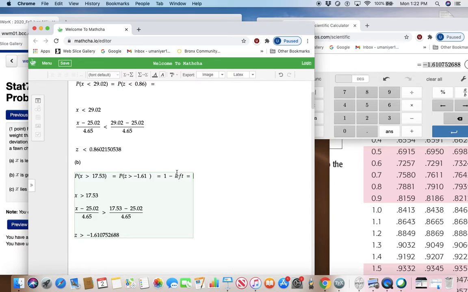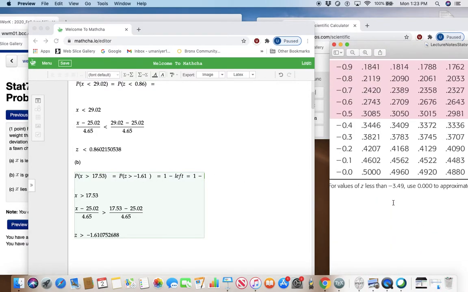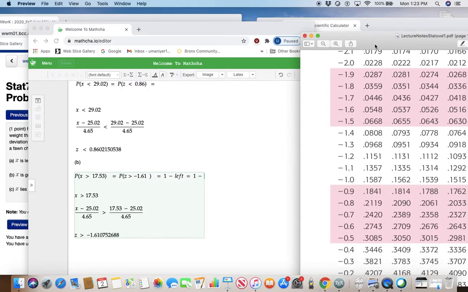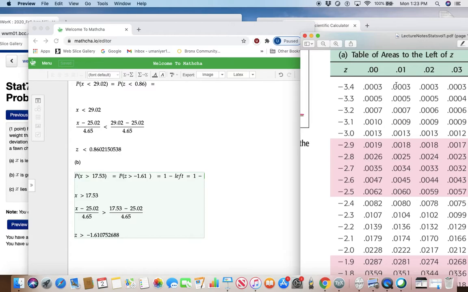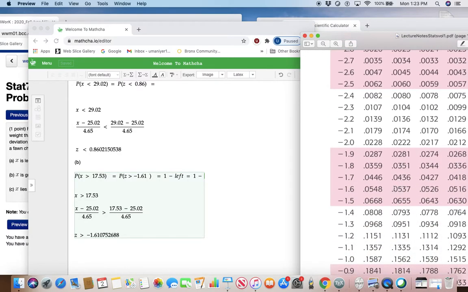Why do I do this? Because for left area I have a table. So it is 1 minus the left area for negative 1.61. Looking for that in the table, negative 1.61 is 0.0537.